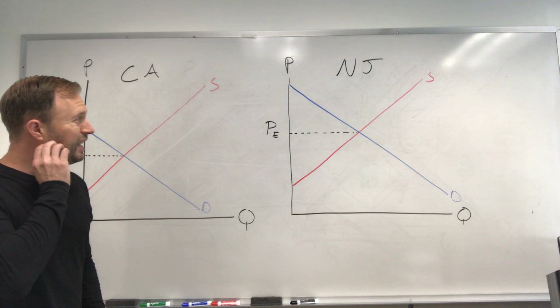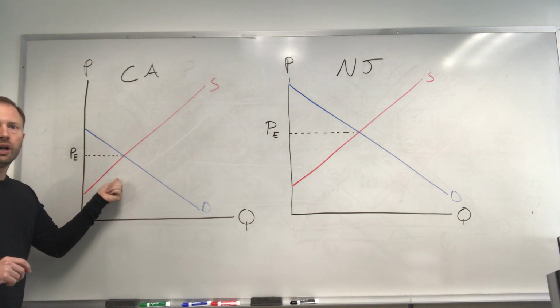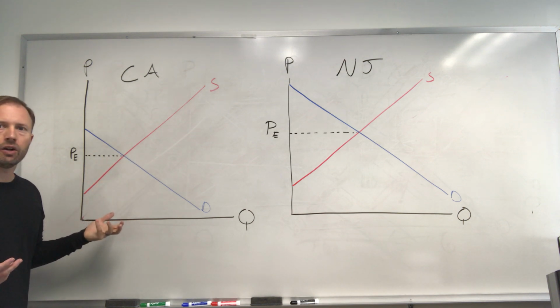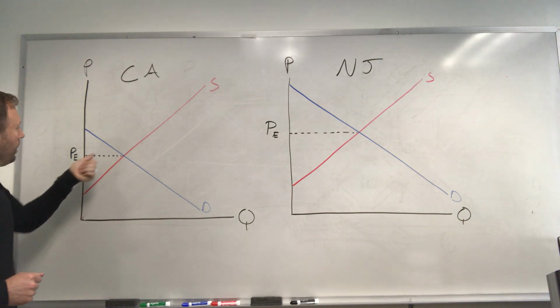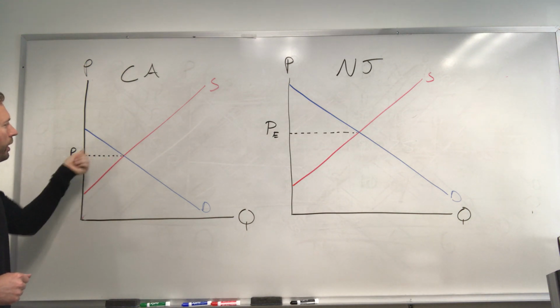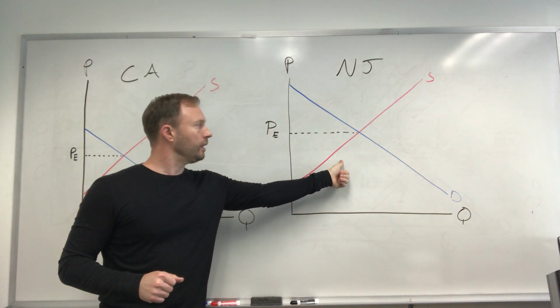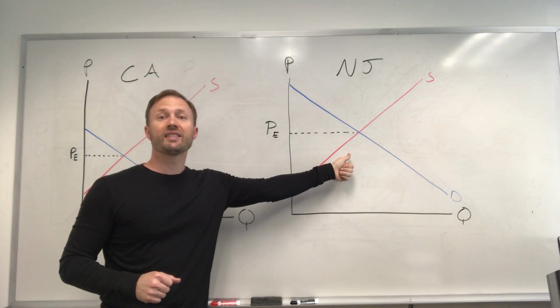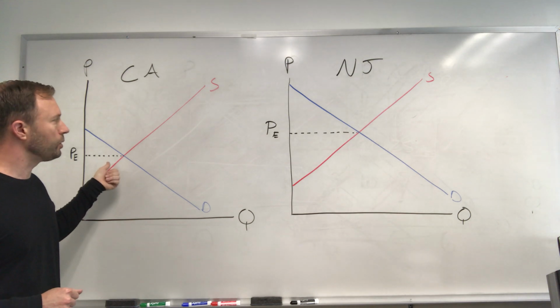What is that? It's to say, well, look, people in California don't care very much about heating oil in the winter because it doesn't get all that cold out here in California, and so I can buy oil cheaply in California, and I can sell it at a higher price in New Jersey. This is a profit opportunity for me.